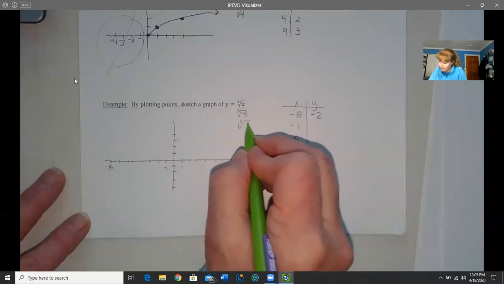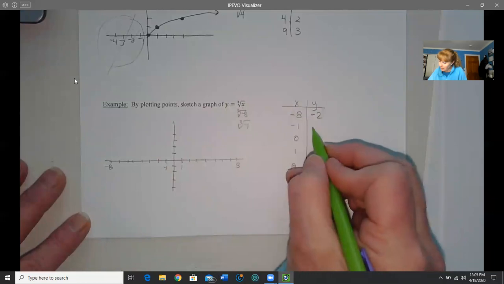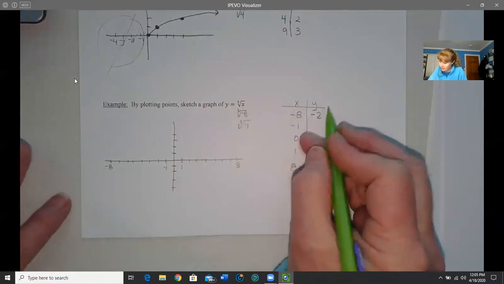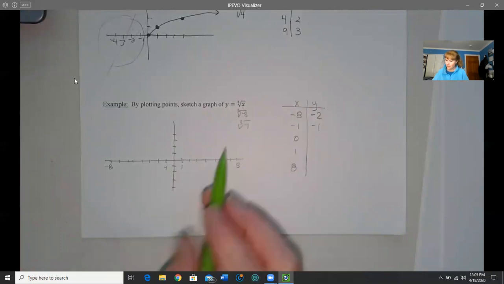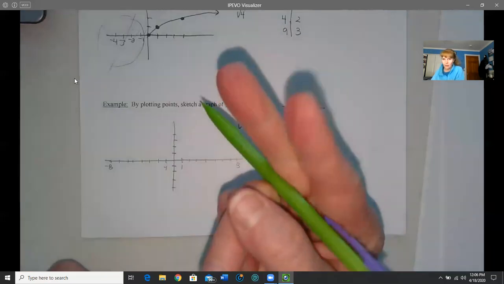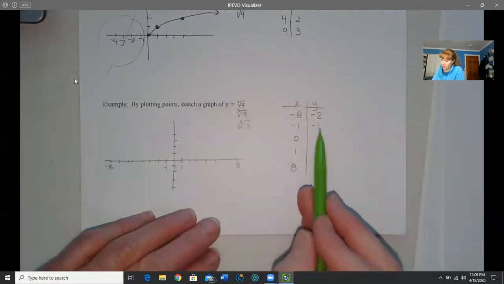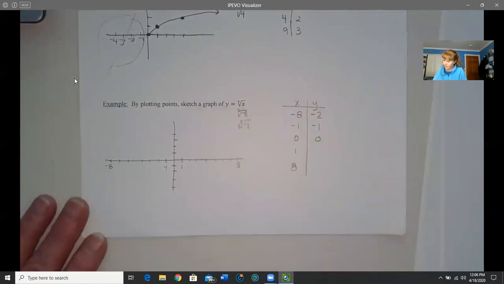-1. So I'm putting these x's in and seeing what the y's are. -1 times -1 times -1 gives you -1. 1 times 1 times 1, 3 ones, and you come up with a -1, the sign just goes around. 0 is 0.